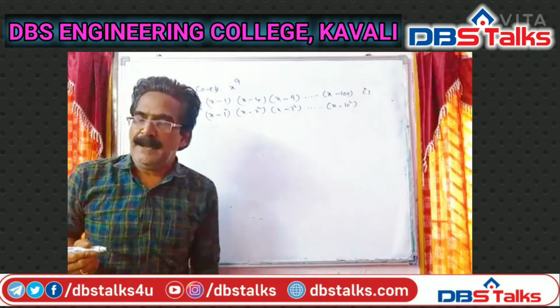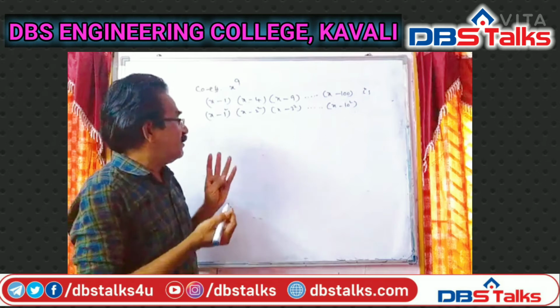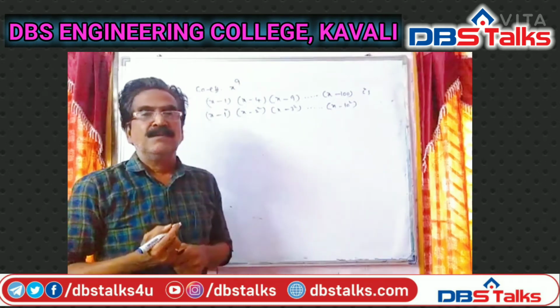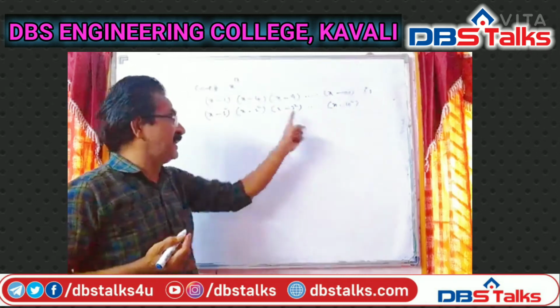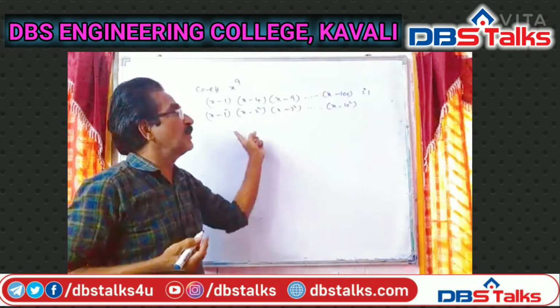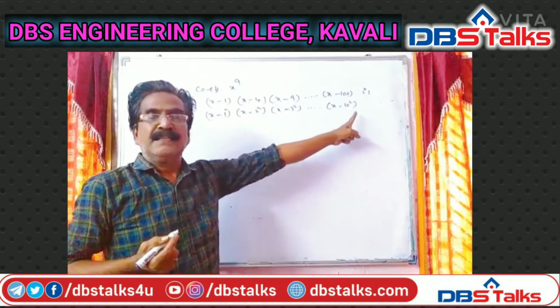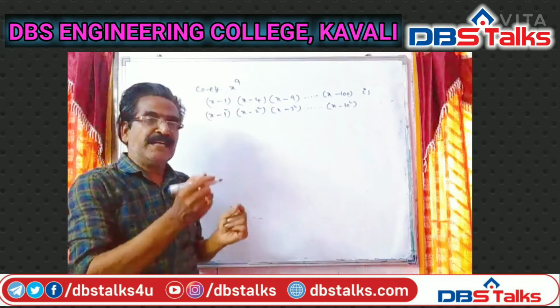Let us see what will happen. Here there are 10 terms, friends, not 100 terms. Only 10 terms are there, and we are asking for the coefficient of x power 9.